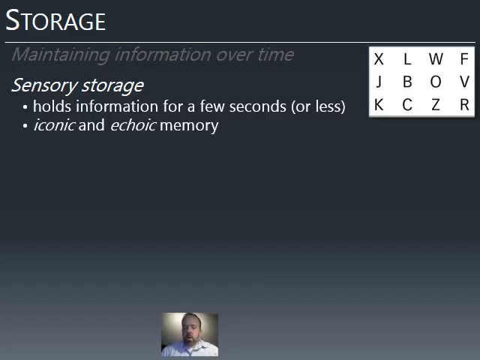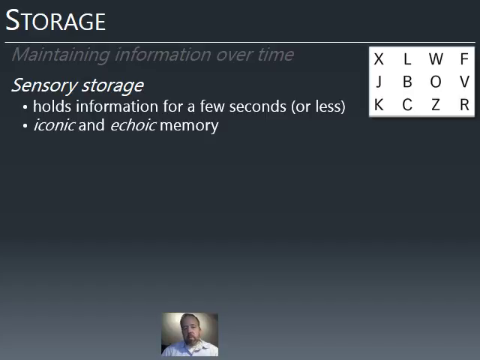So you have what are called iconic and echoic memory. Iconic memory is that very short-term store in your visual system, and echoic memory, you can see the word echo in there. Echoic memory is the short-term storage in your auditory system. So over here on the right, we see a grid of letters.